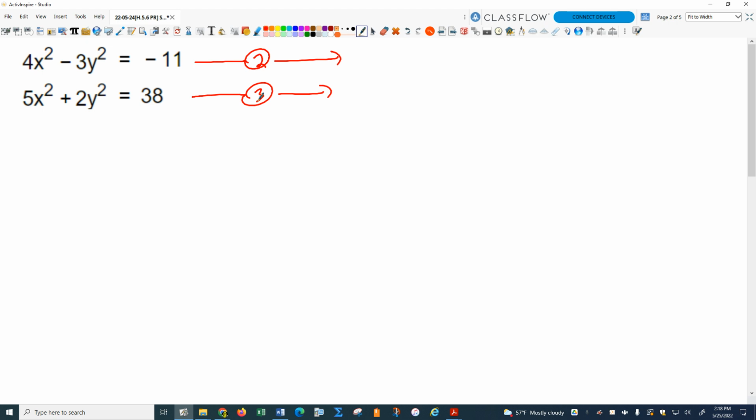Distributing a 2 all the way through the top is going to give me 8x squared minus 6y squared equals negative 22. Distributing the 3 through the bottom gives me 15x squared plus 6y squared equals 114.